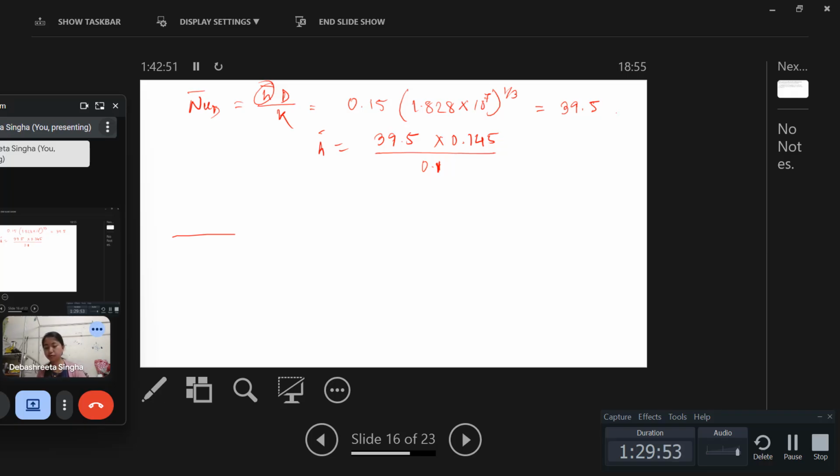So it comes 5.7 divided by 0.1. That is 57.27. Okay, this is watt per meter square Kelvin.